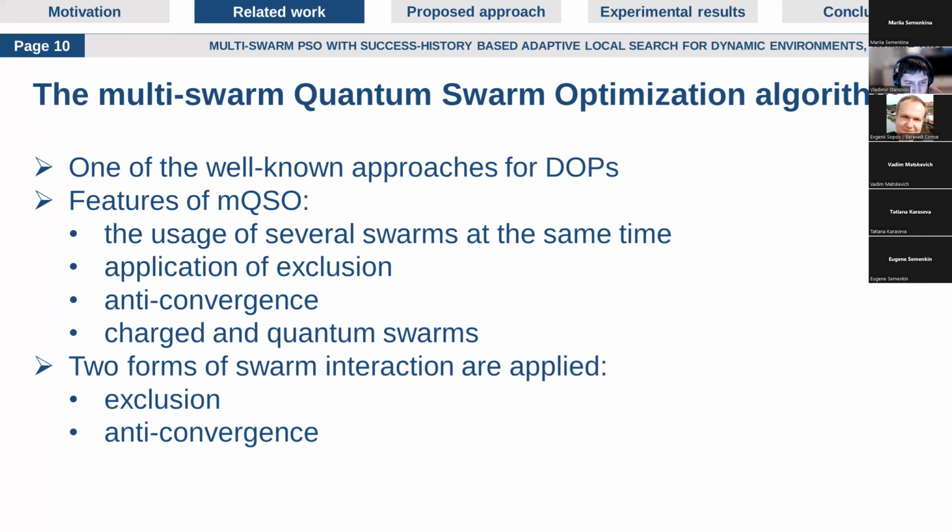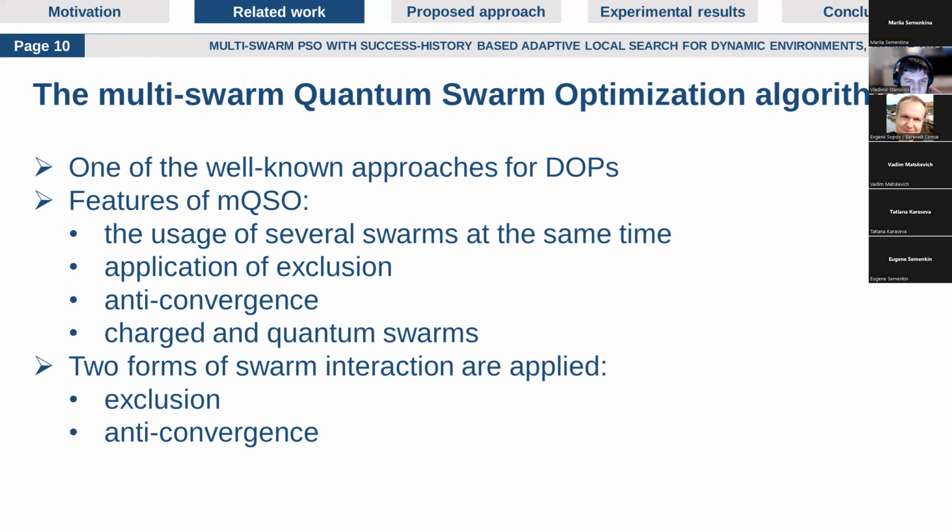So, for example, the algorithms based on differential evolution or genetic algorithms or some other methods are quite slow, in the meaning that they are very careful in the search process.